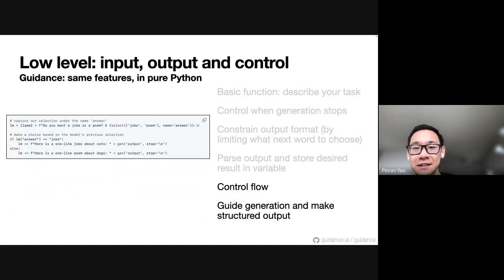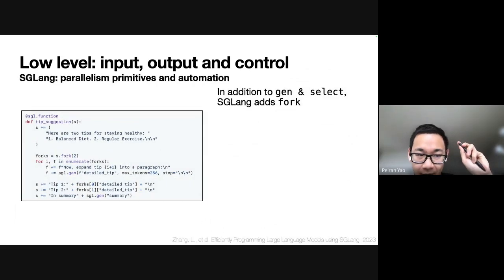Okay, that's guidance. It's the same thing as LMQL. It can do all the loops, all the controls you want. And there's an extension called SGLang, which adds some parallel primitives besides the gen and select primitives. So now there's a fork, for the scenario where the LLM has multiple perpendicular or independent points to expand on.